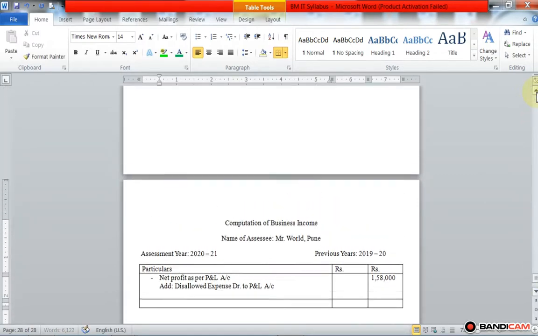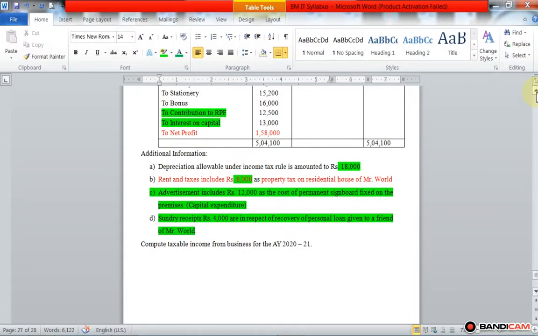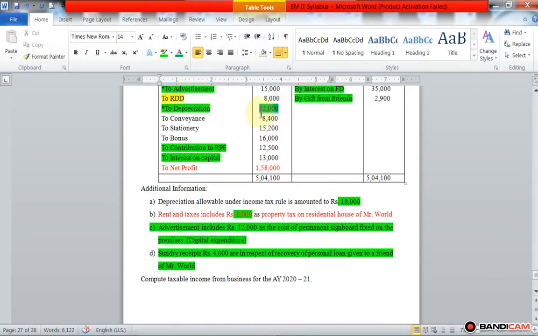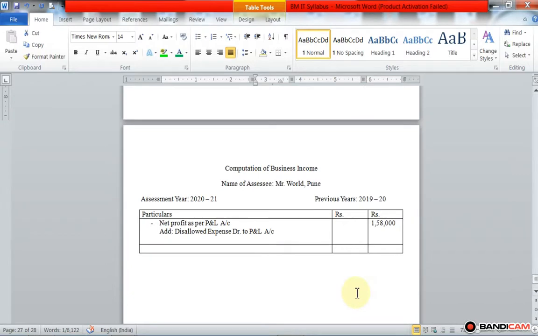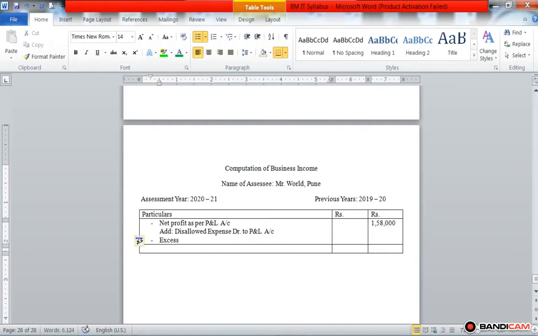The first adjustment is given as allowable depreciation, and depreciation is charged on the debit side, that is 22,000. So excess depreciation is charged, so excess depreciation is disallowed. First point, excess depreciation.